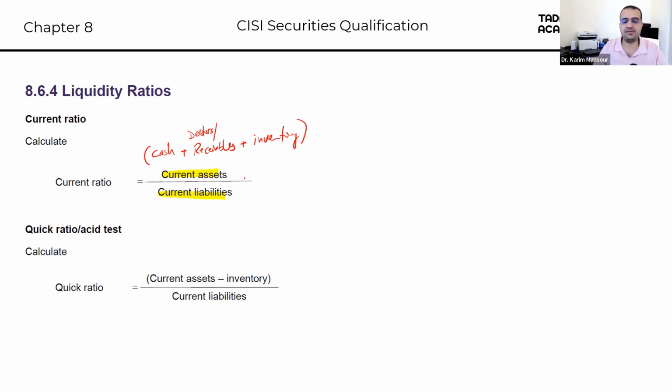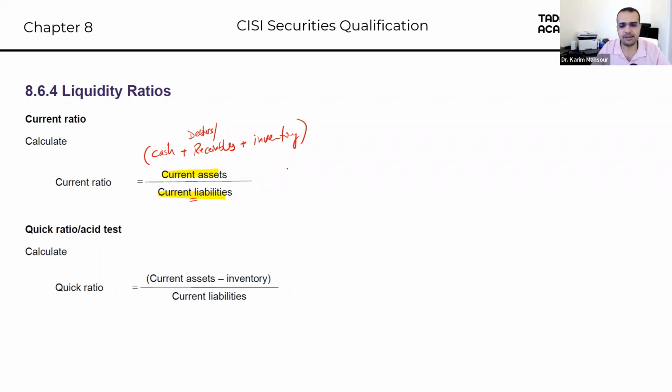Adding all of these together gives you the current assets. Do we have enough of that to pay for our current liabilities? Current liabilities are your trade payables, your accruals, and your commitments to other third parties.